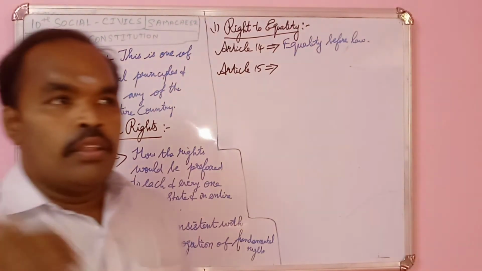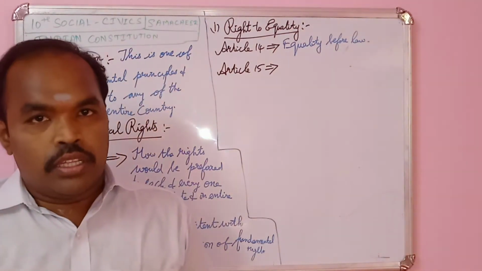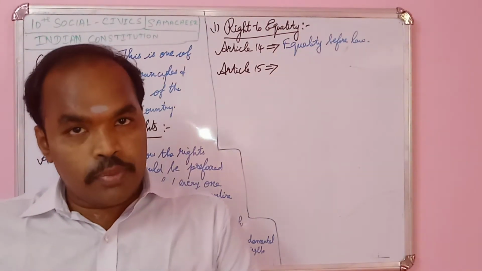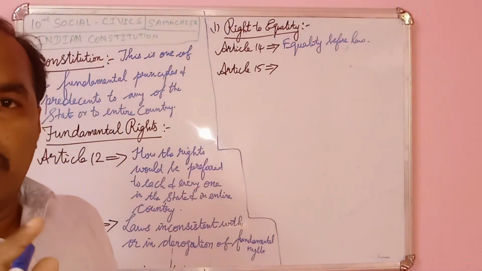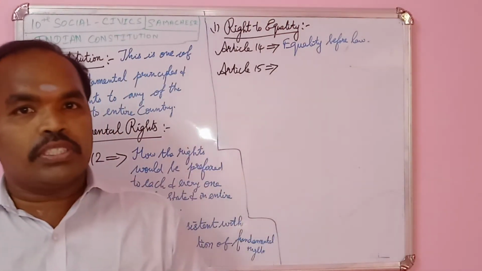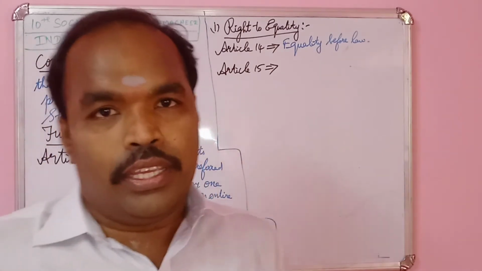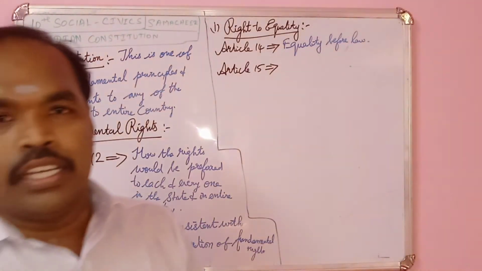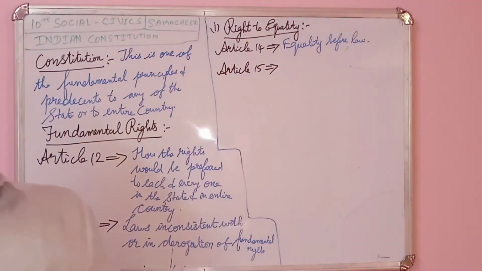Then one more thing: whoever the person is, if they make a mistake, be it a rich person, a middle person or from a poor category, we should not treat them differently. Whoever it is, a mistake is a mistake. That is what Article 14 says, equality before law.